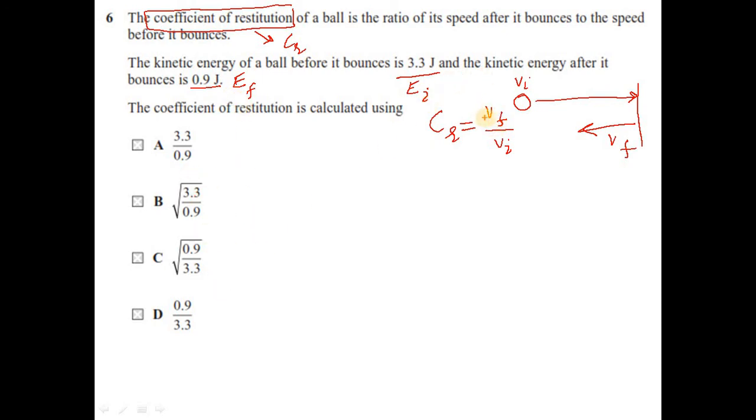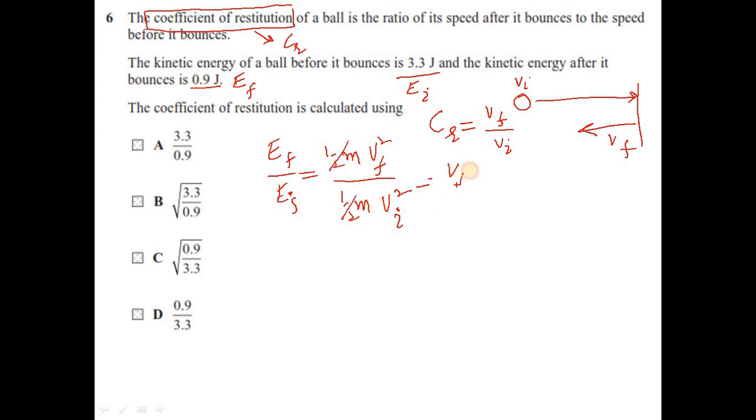Because we know that Vf over Vi is CR, if I do Ef divided by Ei, meaning half m Vf square divided by half m Vi square, so half m cancels.